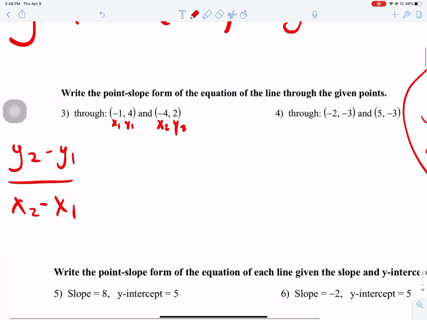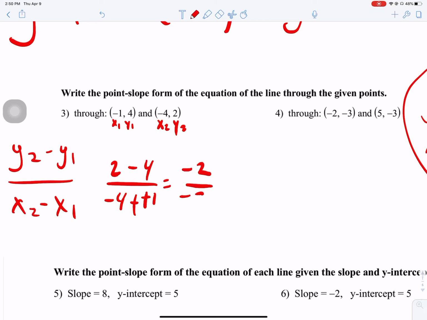So when I'm plugging them in, I know which numbers to grab. So 2 minus 4 over negative 4 minus a negative 1. And 2 minus 4 is negative 2. And when these go positive, you get negative 3. But negative 2 over negative 3, the negatives cancel out.